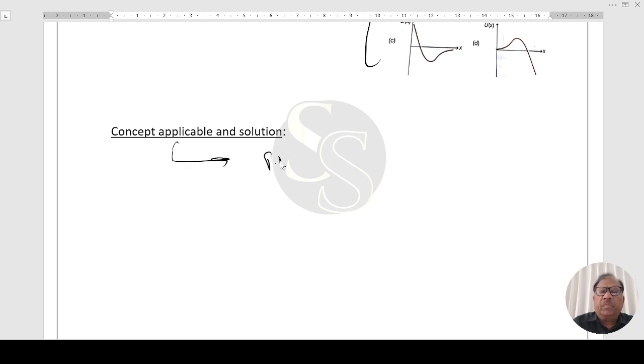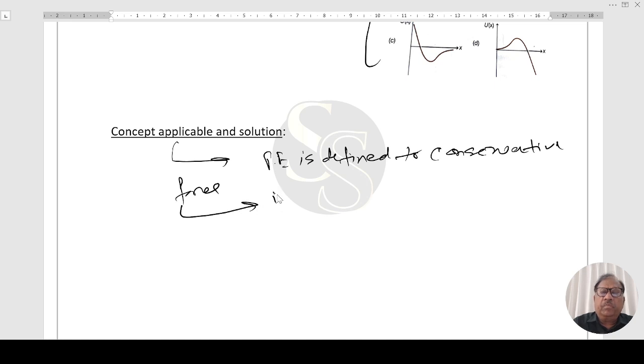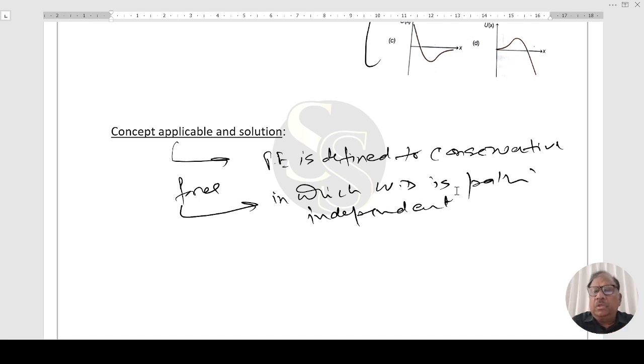Concept applicable. Potential energy is defined for conservative forces. Conservative forces are those in which work done is path independent, that is, depends on initial and final condition, not on path followed.